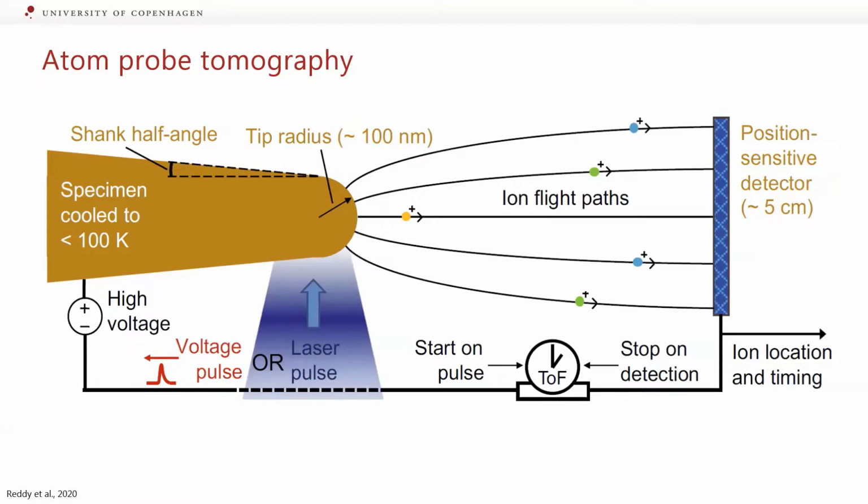And atoms are field evaporated from the tip. They become positively ionized and then hit a position-sensitive detector. That records the time of flight as well as the order in which they come in, which means that we have a mass over charge based on the time of flight, and we can reconstruct it in 3D.